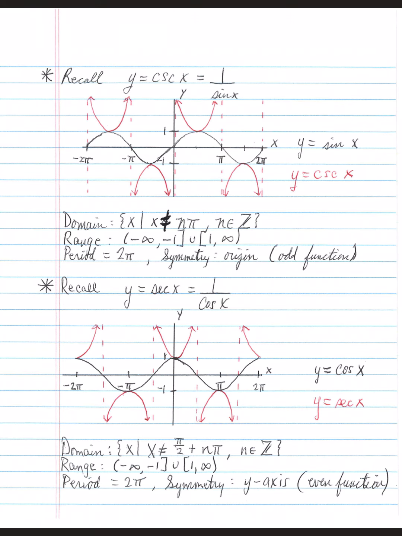It still takes 2 pi units to run a full cycle. So if you had a little hill and a valley, it takes a total horizontal distance of 2 pi for that to occur. This graph, if you fold it like a book, where the y-axis is the spine, the left side will lay right on top of the right side. So that's y-axis symmetry, meaning you have an even function.